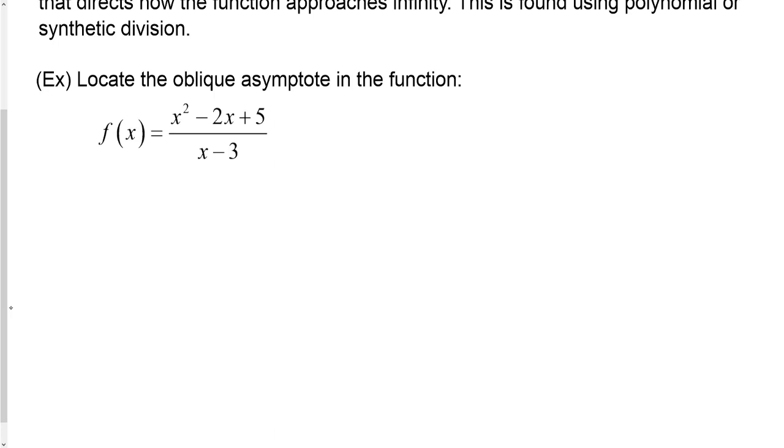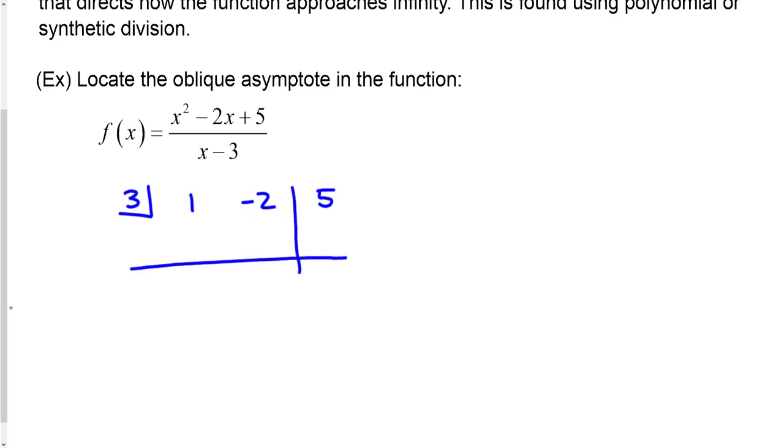Well, I need to use synthetic division. So remember, in synthetic division, the polynomial in the denominator, you take the opposite of that constant value, and set it aside. Then the polynomial in the numerator, you take its coefficients and express them along this way.